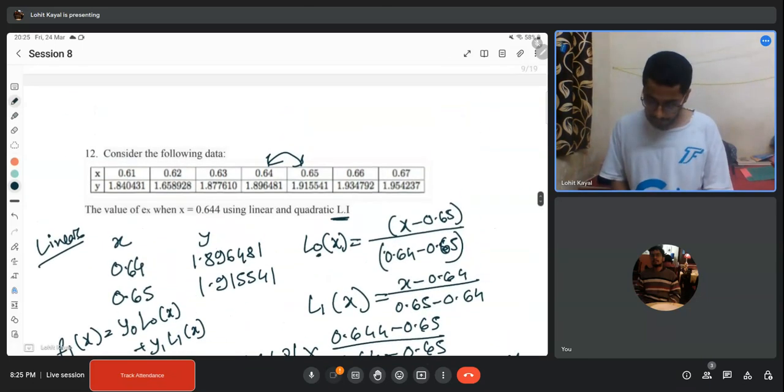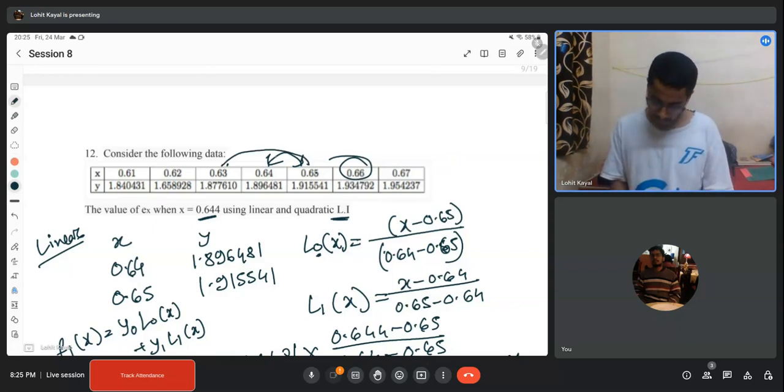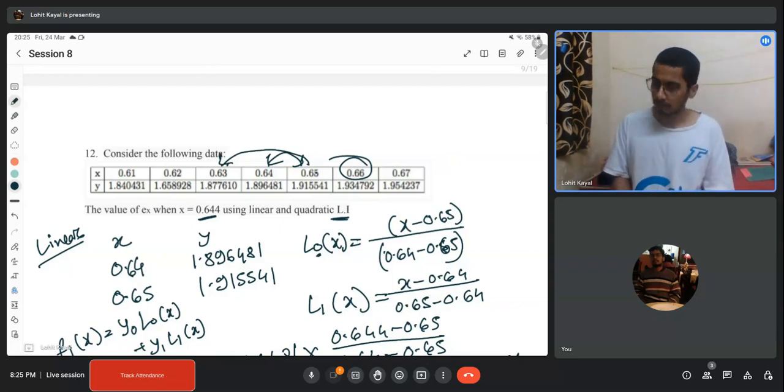This point is 0.63 and your data point is 0.644, so the difference is 0.014. But you can also make this as a choice, but here the difference is 0.016, which is larger. So I am taking these 3 points, 0.63, 0.64 and 0.65 to find a value at 0.644.